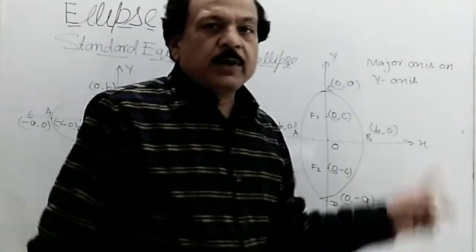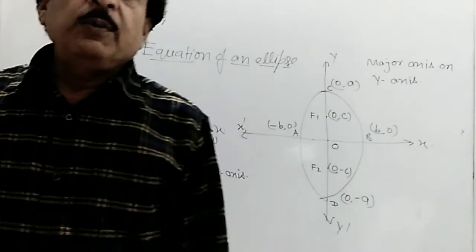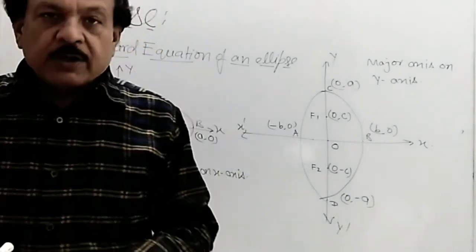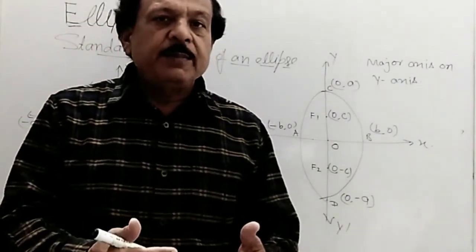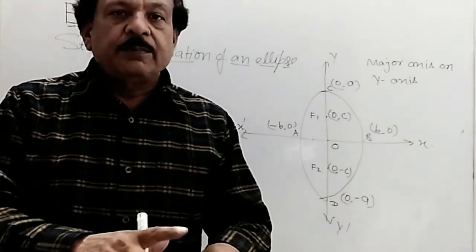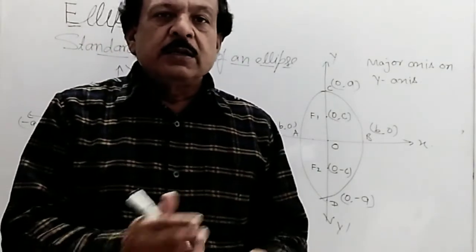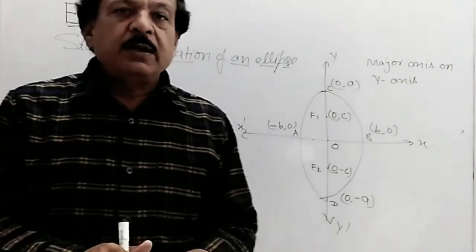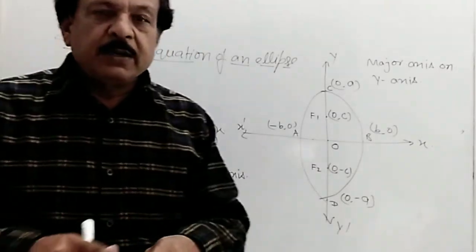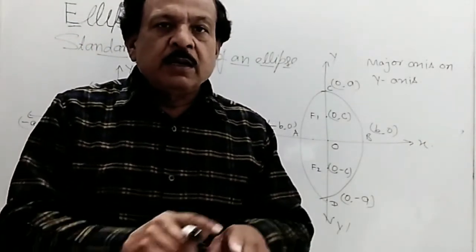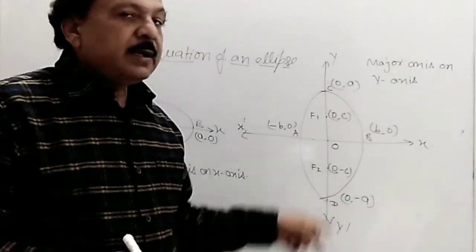It means that the foci are on the y-axis. So our concept is what? We determine the intercept from the major axis. The ellipse is symmetric with both axes, but we determine the intercept from the major axis.